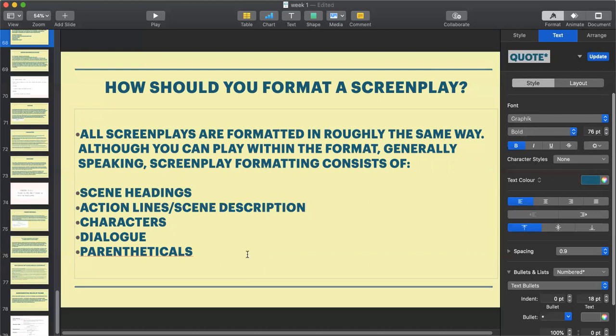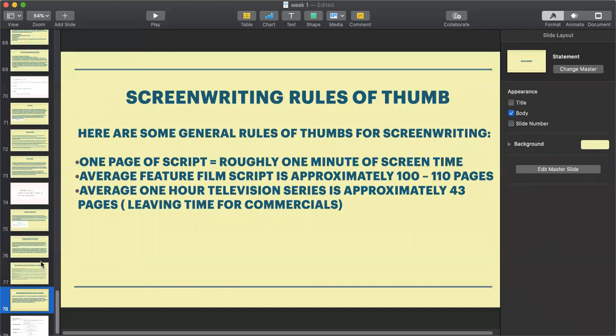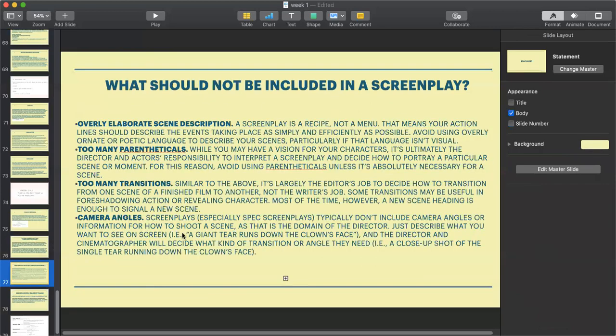This is basically a lot into the acting of the character while speaking the dialogue. Got it?